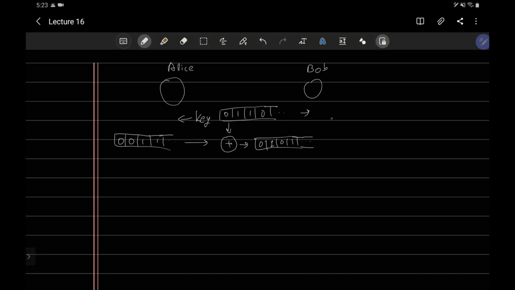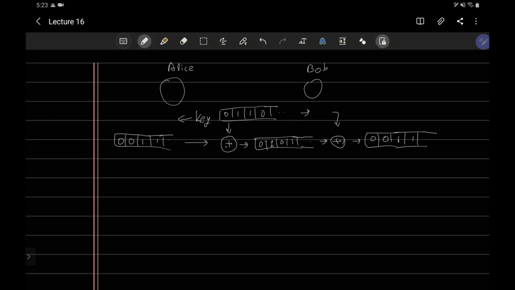To decrypt it, Bob uses the same secret key and applies the XOR operation between the received encrypted message and the key itself. Because Bob has the secret key, he knows that he should not flip the first bit, and he should flip the second and third bits.